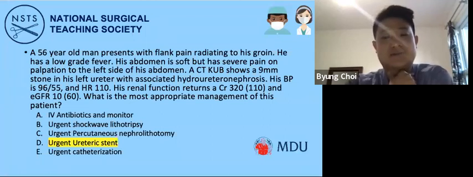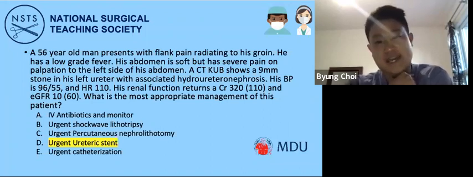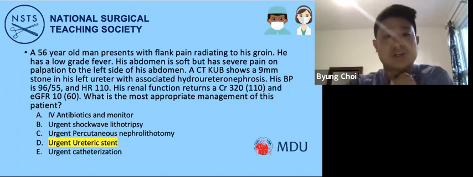This patient's going to be pretty sick. They probably don't want to have a long GA or anesthetic, etc. You want to essentially ensure that his sepsis is treated. And the reason why you do a stent in an acute setting, by and large, is to ensure urine drains.